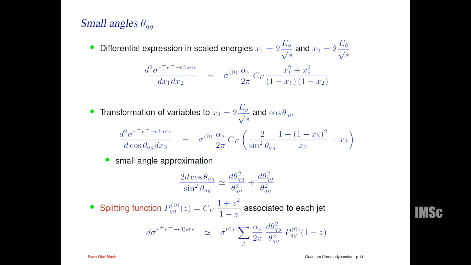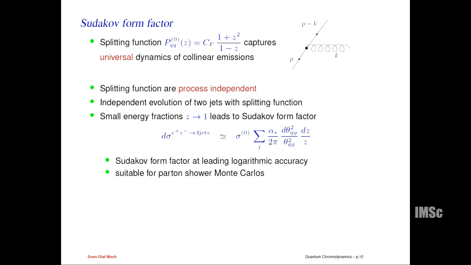The fact that we have rewritten our 3-jet cross-section, the collinear singularities, as the sum of the differentials of the two angles, so gluon with respect to quark and gluon with respect to antiquark, also tells you that we simply sum over the gluon emissions individually.